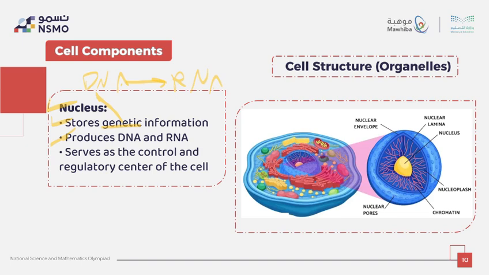Here is the nucleus, and this is the nuclear envelope. The holes here are the nuclear pores, the material here is chromatin, and that one is the nucleolus. And don't forget, it is responsible for regulating cellular function and cell division.